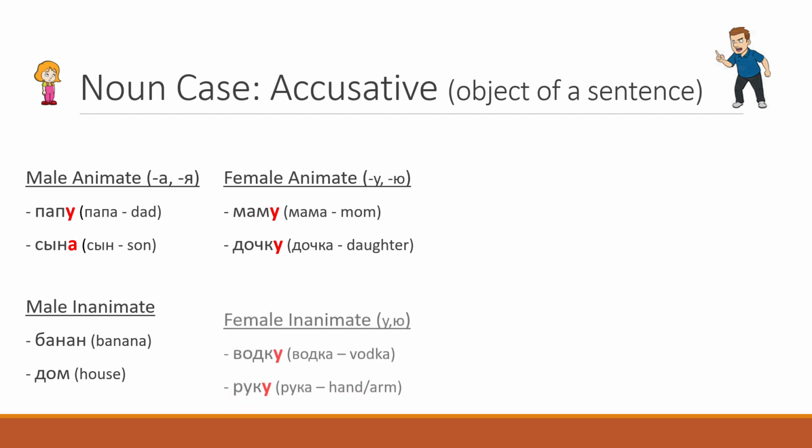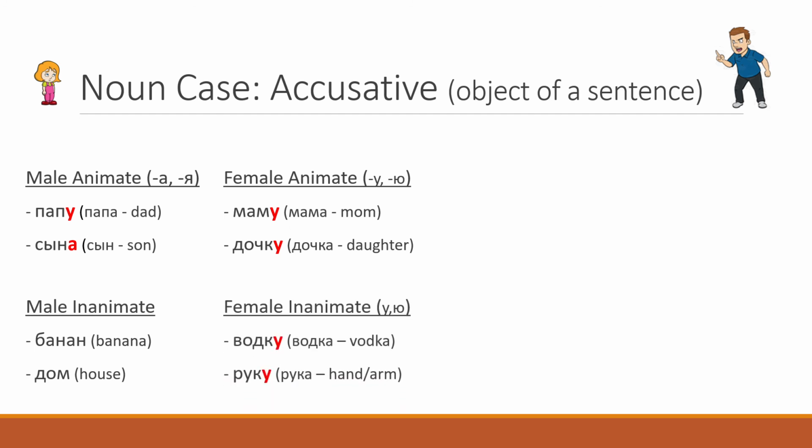And the same thing if it's female inanimate, u or yu. So vodka becomes vodku, and ruka becomes ruku. If it is a neutral inanimate object, because remember we don't have any neutral animate objects in the Russian language, it will stay the same. It doesn't change. Яблоко and лицо, the same.